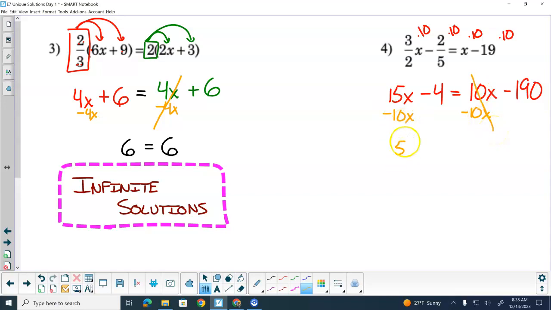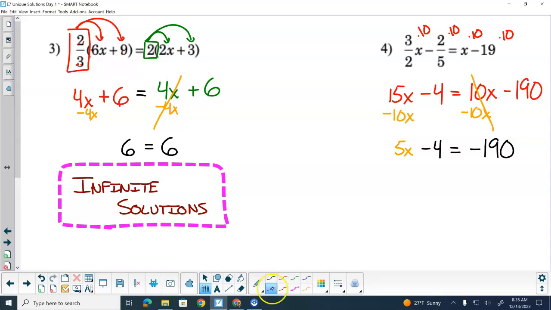So that gives me 5x minus 4 equals negative 190. If variables went to the left, numbers, excuse me, have to go to the right.